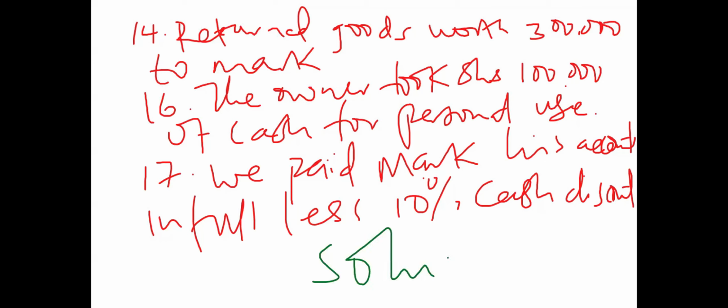So those are some of the transactions that we are seeing, and we want to look at how best we can solve this question and post in the respective accounts. Now, this is a sole trader's business.